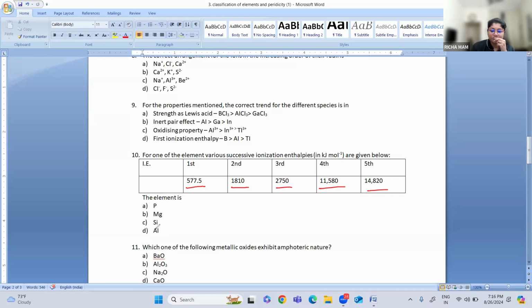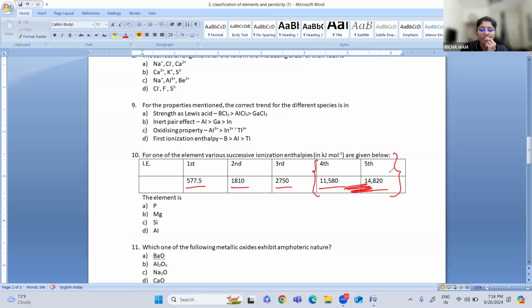Okay. Now you can see that the fourth and fifth ionization enthalpy, there is much more difference between these. It is 11,000 and this is 15,000.